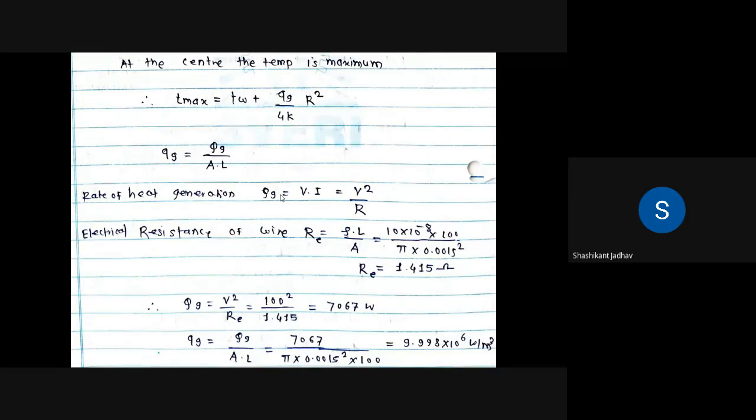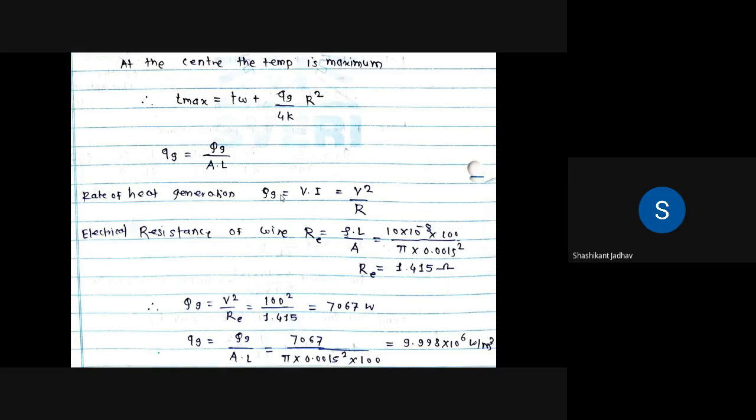So there is another formula to calculate the resistance, that is electric resistance of wire. R is equal to rho into L divided by area. And resistivity is given 10 into 10 raised to minus 8. Length of the wire is given 100 meter. And area is nothing but pi R square.